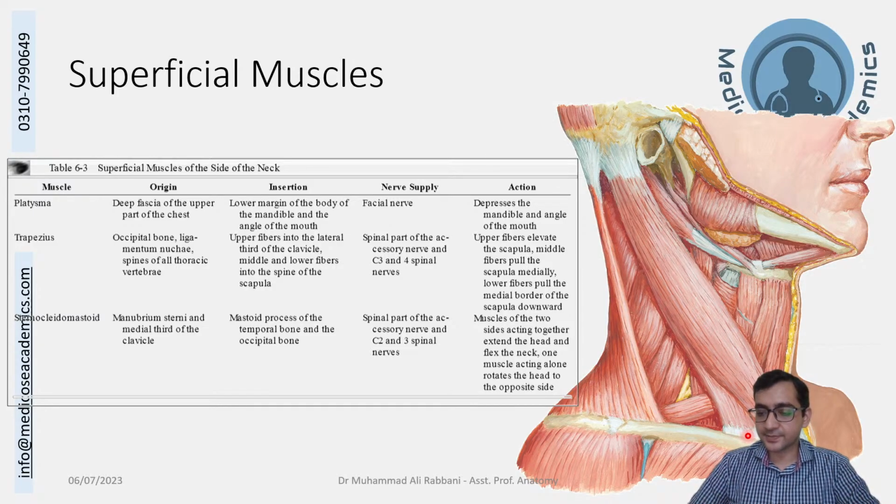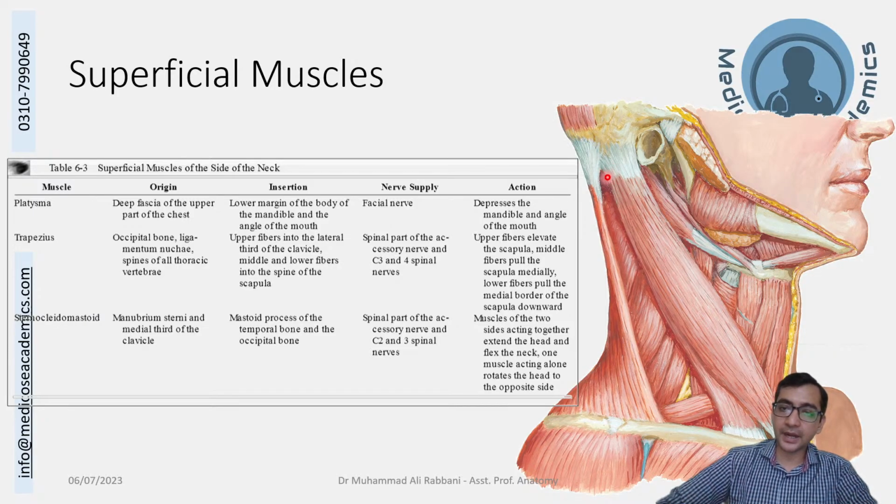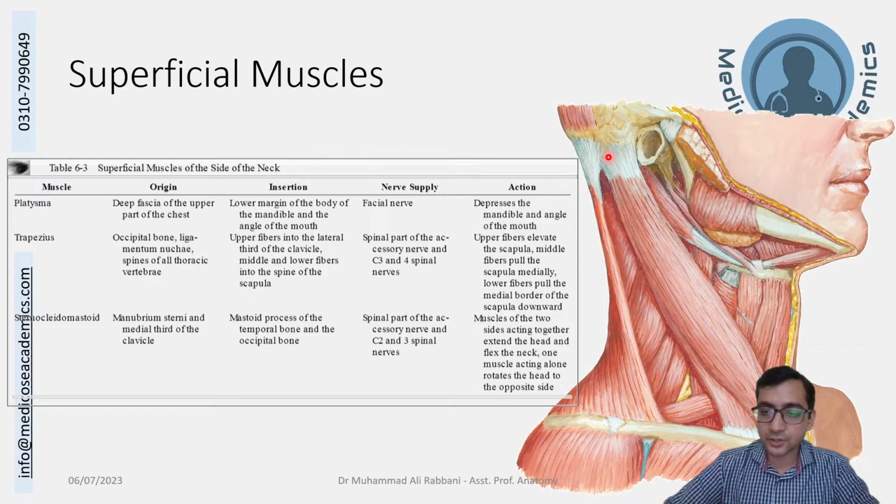The flat expanded head originates from the medial aspect of the clavicle, and it moves up and inserts into the mastoid process. The muscle fibers move like a cross. The fibers originating medially here will insert laterally there, and vice versa for the other fibers.